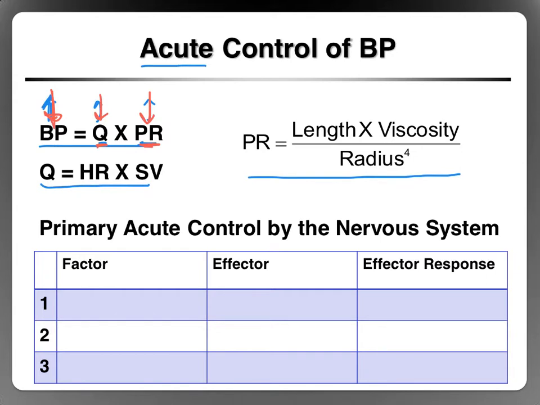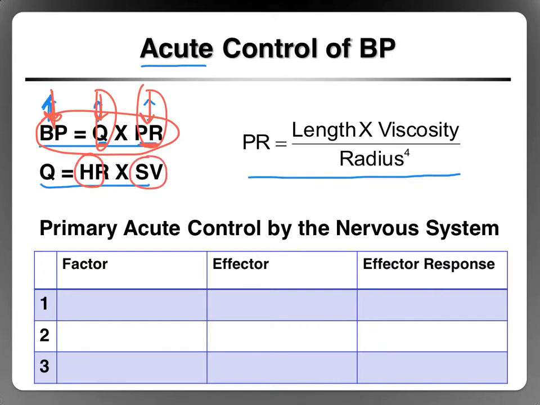So, based on this formula, let's talk about how we control blood pressure. If we want to change blood pressure, we either have to change cardiac output or peripheral resistance, because those are the only two factors. If we want to change cardiac output, we can do that by changing either heart rate or stroke volume.